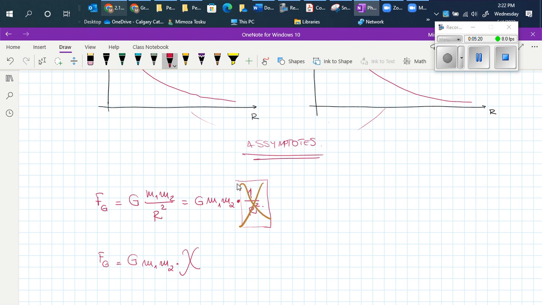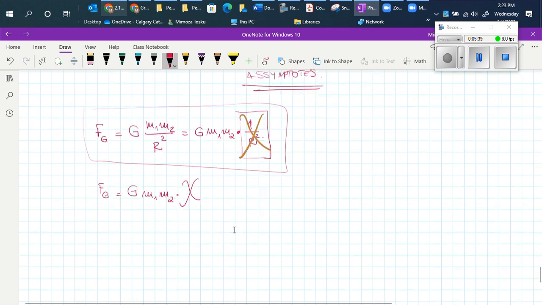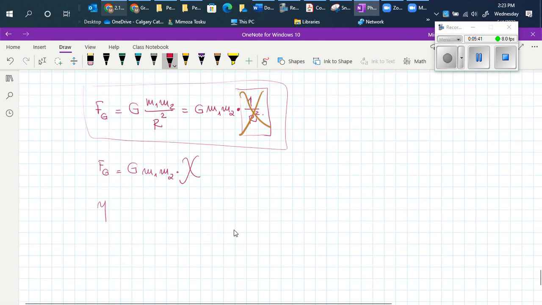So what that means is that I am making this relation, which was a hyperbolic relation where both axes are asymptotes to the graph, into a straight line, because the equation of a straight line is mx plus b.